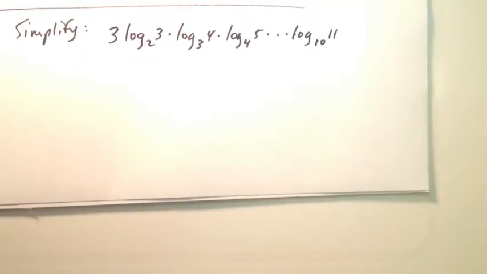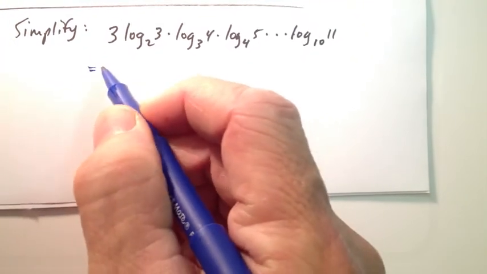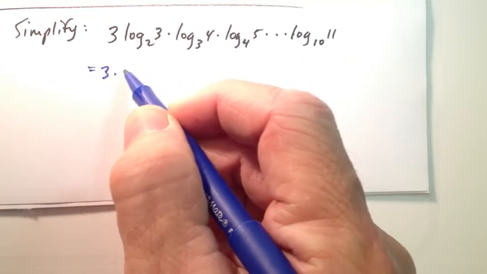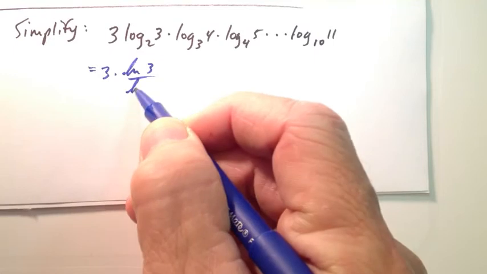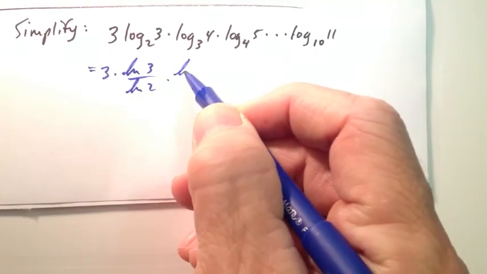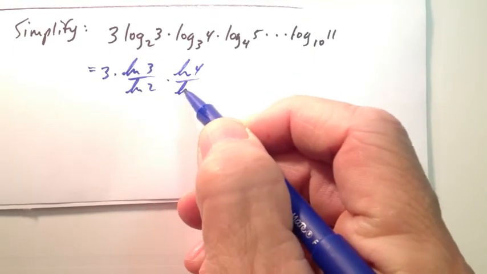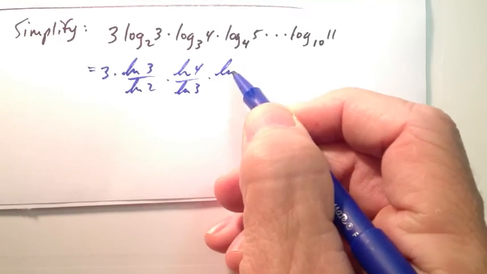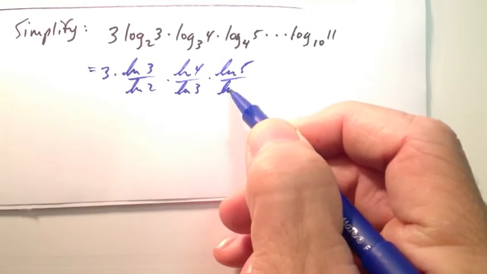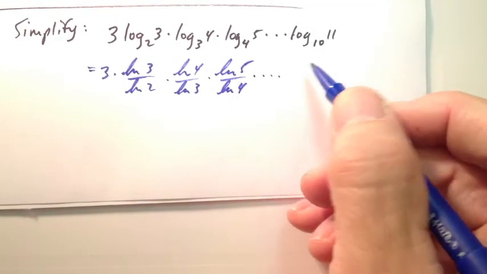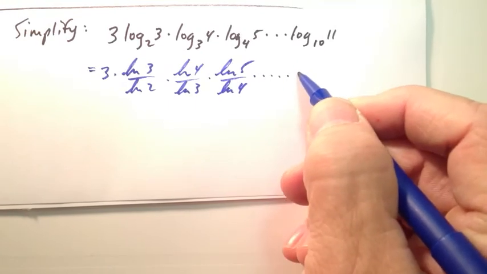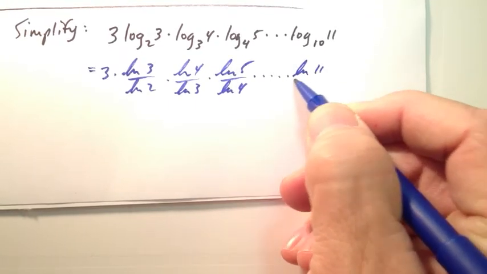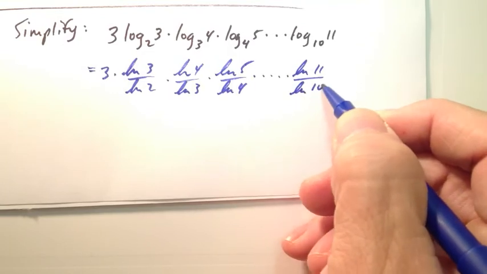So we have equals 3 times, and then ln of 3 over ln of 2 times ln of 4 over ln of 3 times ln of 5 over ln of 4 times ... times ln of 11 over ln of 10.